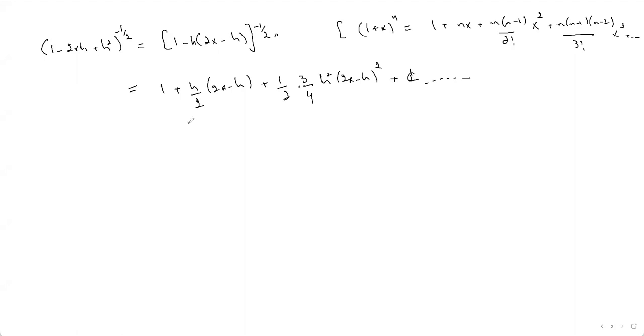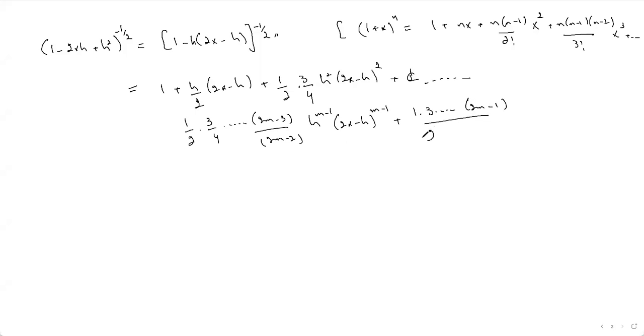So we will have another term, like plus 1 by 2, 3 by 4, so on, this is 2m minus 3 divided by 2m minus 2, then h raised to power m minus 1, 2x minus h raised to power m minus 1, plus the next term will be 1, 3, so on, then 2m minus 1 divided by the term after this, this is the last but one term, 2, 4, so on up to 2m, okay, h raised to power m, 2x minus h raised to power m, plus some infinite terms also we have, but this is this term, okay.